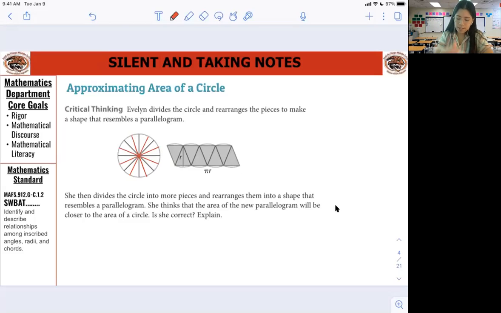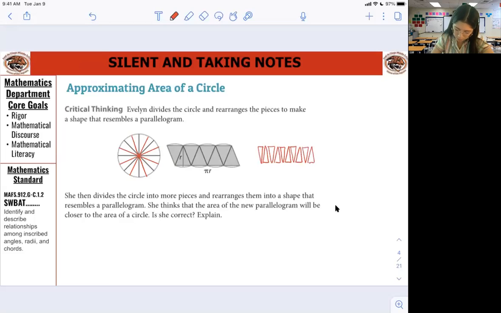But the difference is that when she lines them all up, they're going to be skinnier, right? So if you think about it this way, it's still going to make the same parallelogram. It's just that the pieces of the parallelogram are going to be smaller and therefore closer like this.